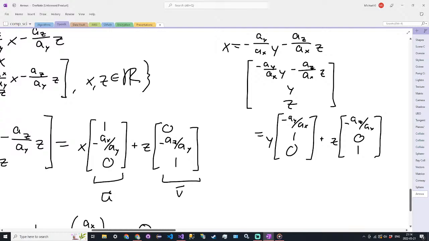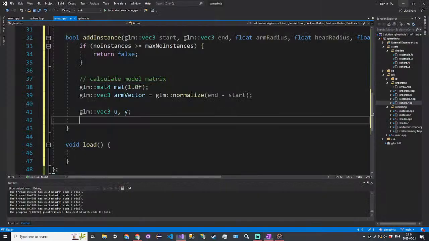And the example is the same if we isolate Z. But no matter what we do, you can see that it doesn't matter what coordinate we use. They're going to give us the same vectors. Or at least we'll be able to find two basis vectors of the same plane. And then as long as we place them in the correct columns, that will give us our proper transformation matrix. So we have to do some cases.